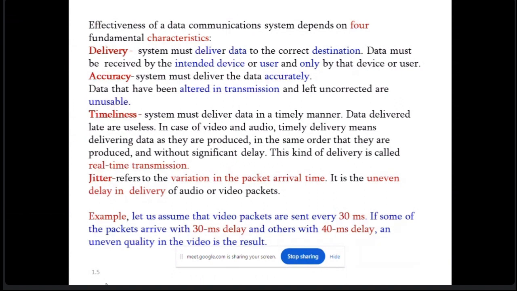I want to convey my information to the ECE A section students. The destination is ECE A. How fast and how correctly the data should be delivered. Here, the data must be received by the intended device or user, and only by that device or user can we exchange the data.